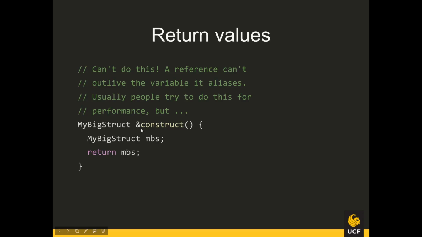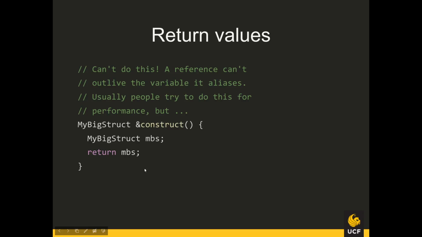The reason is that a reference is an alias to something, and it's a rule of the language that an alias cannot outlive the lifetime of whatever it refers to. So in this case, you allocate an instance of MBS inside this function, and presumably between these two lines you do a bunch of work to put values into it and get it into a reasonable state, and then you return it.